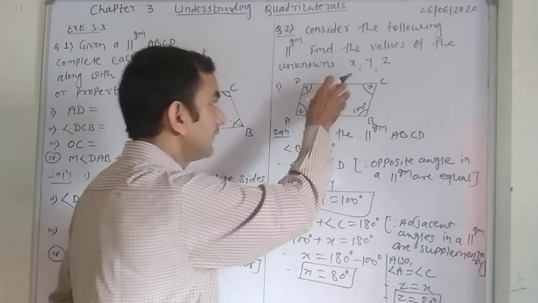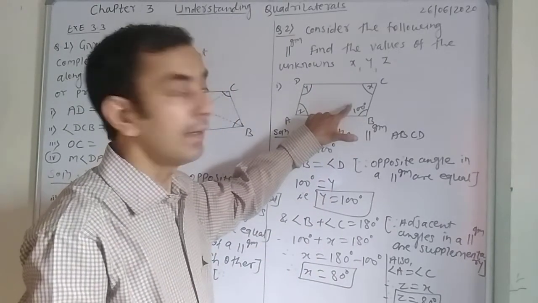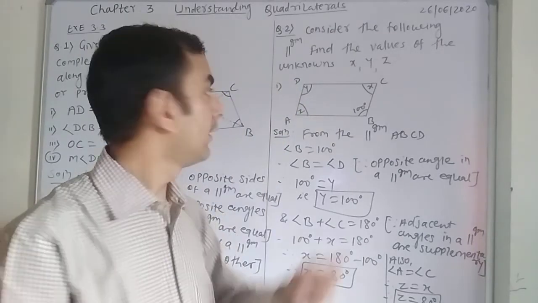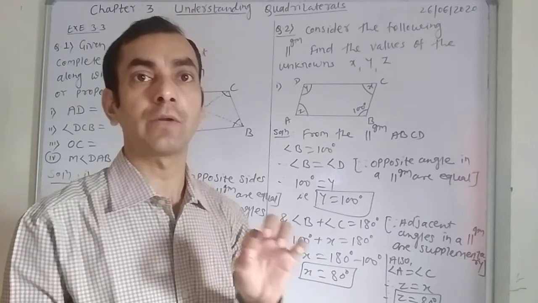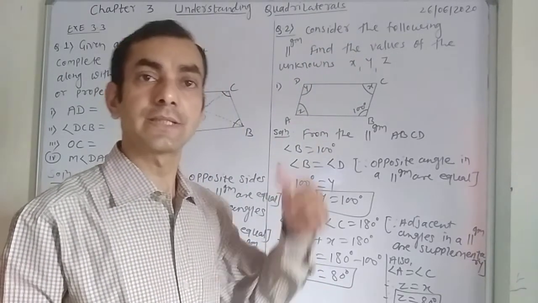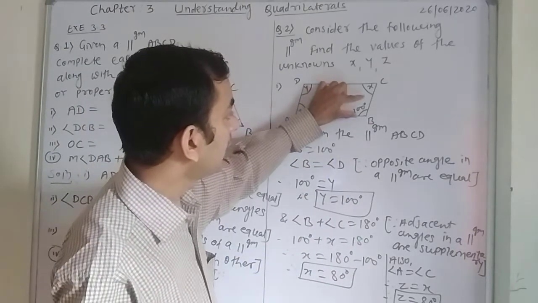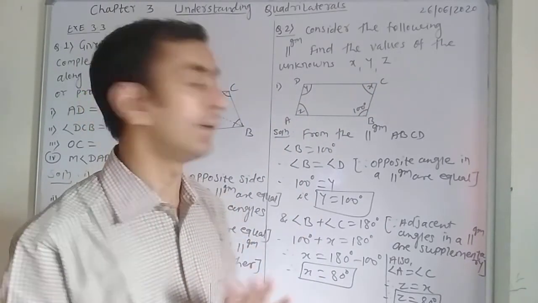Therefore in this particular parallelogram we have to say here angle B is 100 degree. So what will angle of D be? This also will be 100. That means Y equal to 100 degree. Opposite angles of a parallelogram are equal. Then by adjacent angles, the adjacent angles in a parallelogram are supplementary. Therefore this angle B plus angle C, its sum equal to the 180 degree.